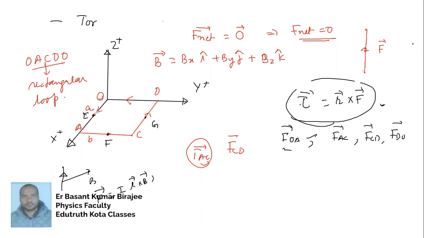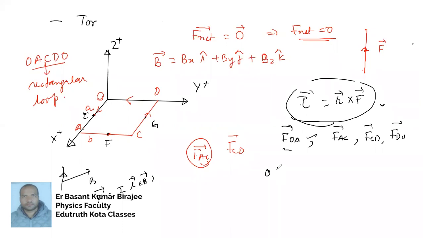See, your OA force is acting here, and its distance from O is OE. How much will be this distance? The side length is A, and E is the midpoint.